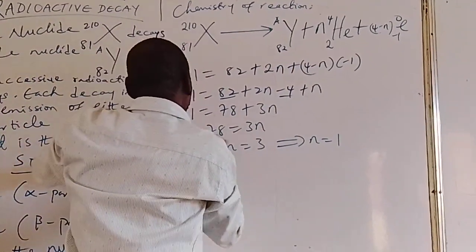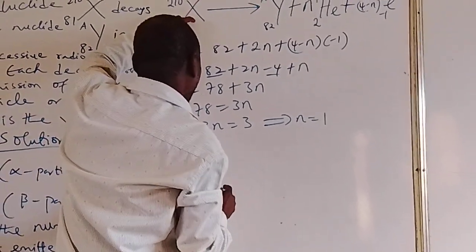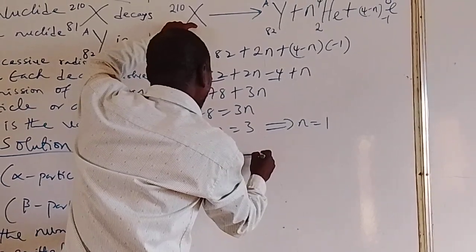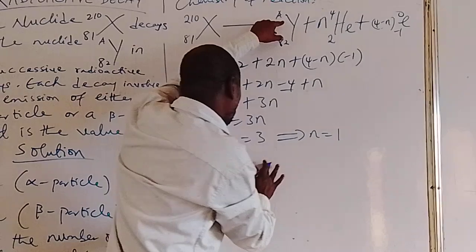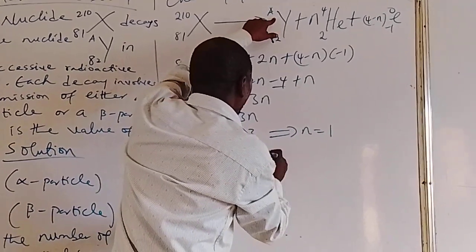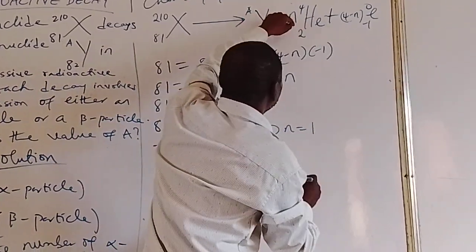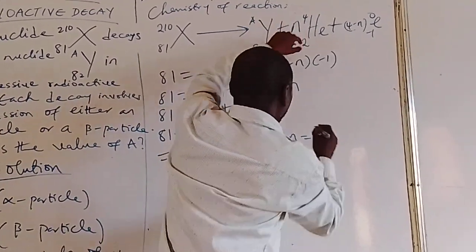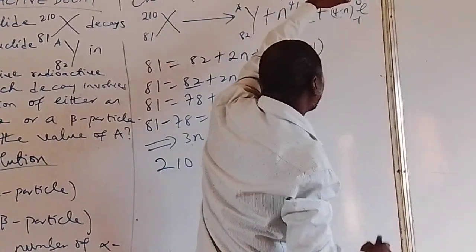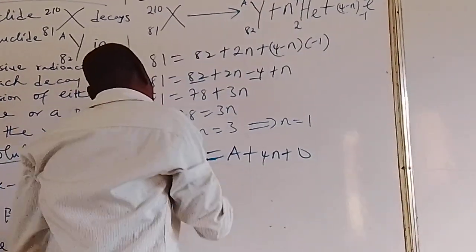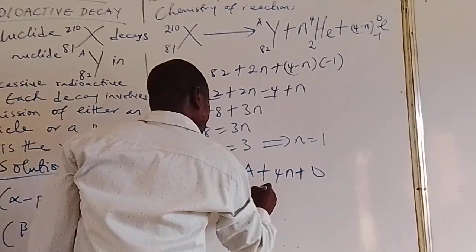The mass number of the original element, which is 210, is equal to the mass number of element Y, the new element, plus 4n, 4 times n, then plus 0 times the beta term. Anything multiplied by 0 gives 0.